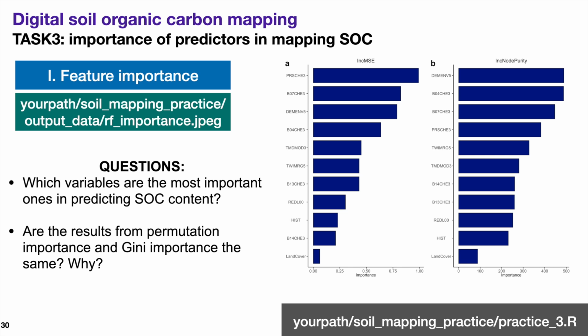There will be two figures. The first one shows the importance of different variables measured by both the permutation importance and the Gini importance. And you may tell from your figure which variables are the most important ones for your random forest. At the same time, you may also notice that results from permutation importance may be different from the Gini importance. So can you try to explain why they are different?